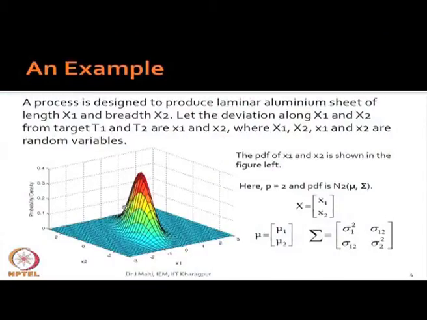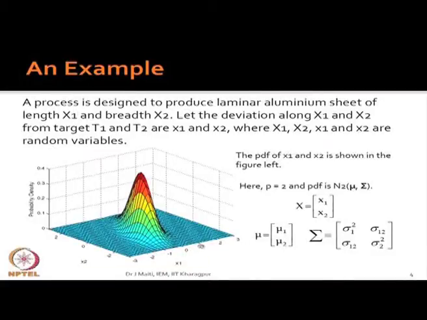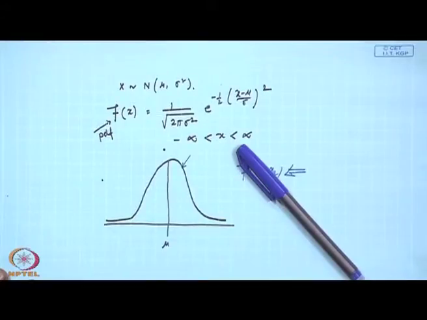So, you see that you are getting a bell shape, but in 3 dimensions, because the first 2 dimensions are for the 2 variable values and the third dimension is the density values. And if you take one more dimension, it is difficult, you cannot visualize. Suppose there are 3 variables with density, we cannot visualize pictorially.